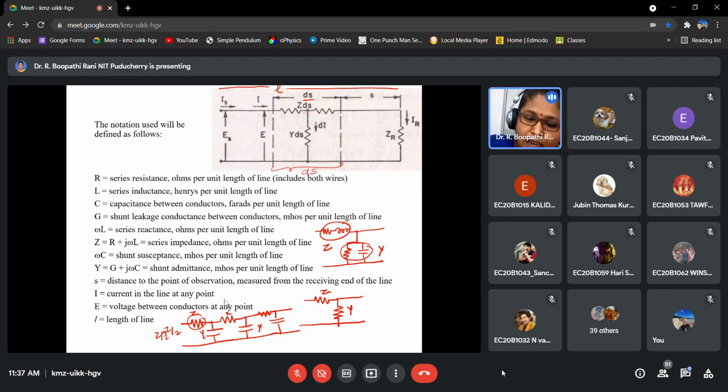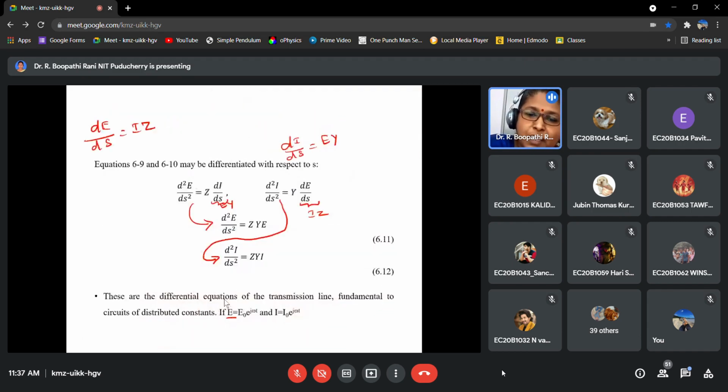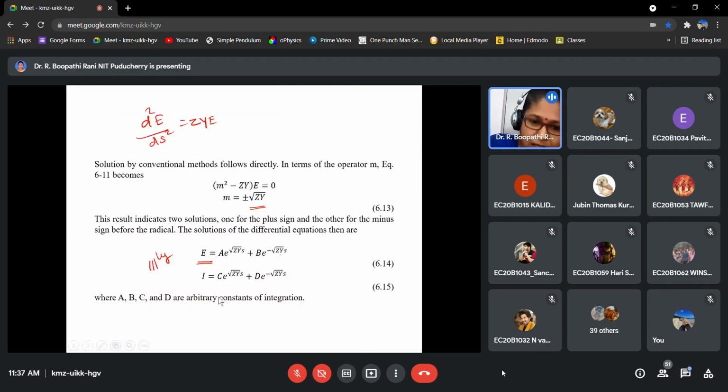E and I can be obtained using these equations, but A, B, C, D are arbitrary constants of integration. We need to find the expressions for these. Once we find them and substitute here, we get the complete expression for voltage at any point on the transmission line, and similarly the current at any point in the transmission line.